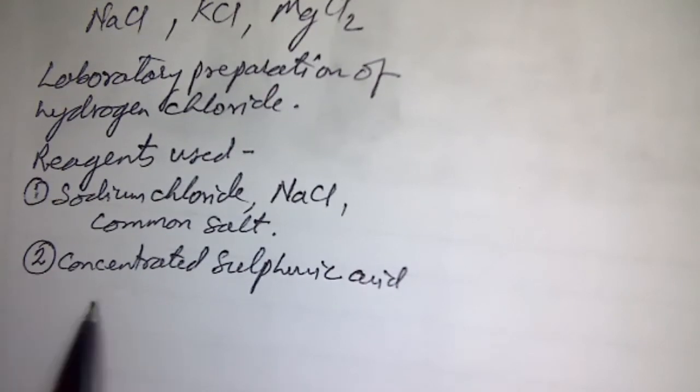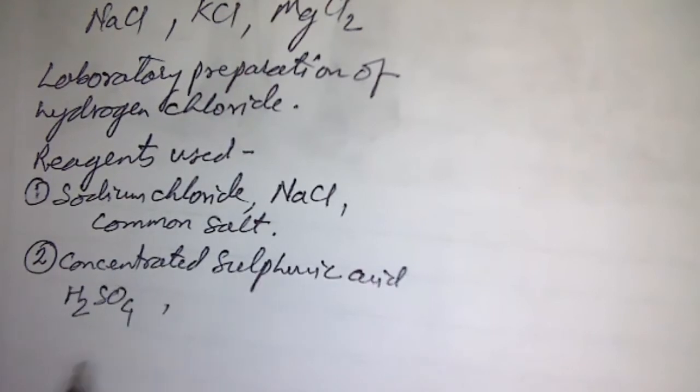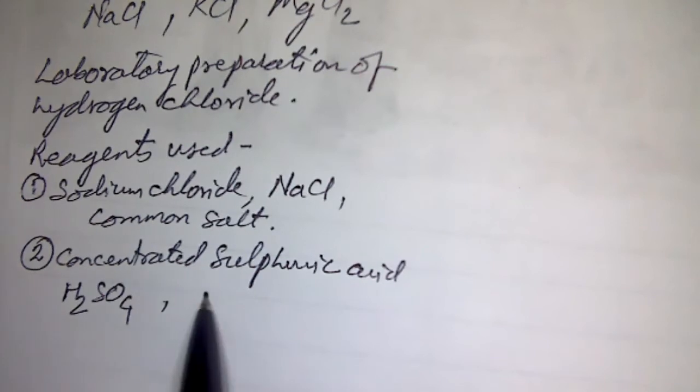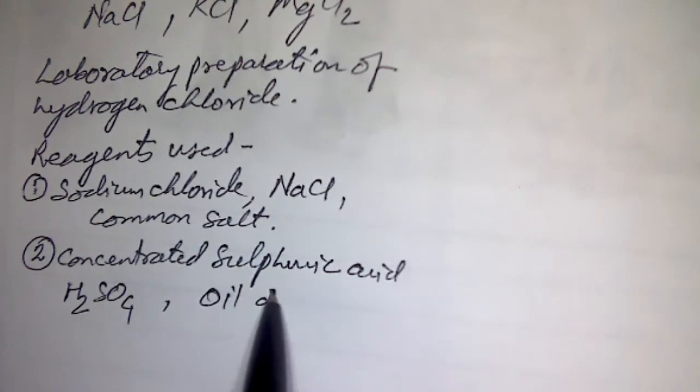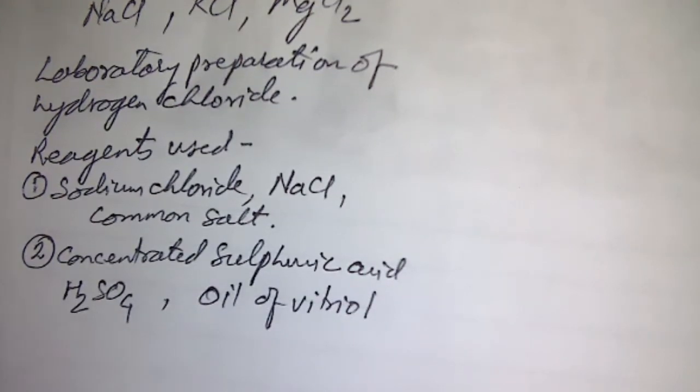Concentrated sulfuric acid formula is H2SO4, and it is also called oil of vitriol. This is a common name. Common names I'm giving you so that sometimes, somewhere it is given, you should not miss out.